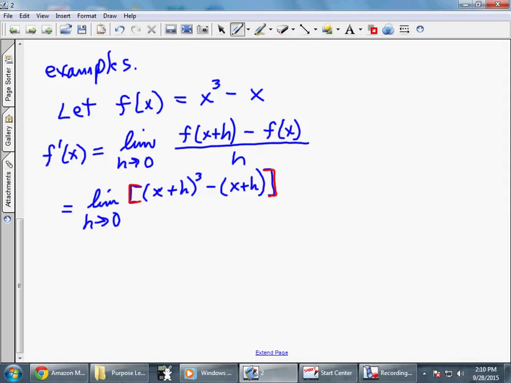Oh, yeah, because whatever is in that x term, that becomes x plus h. Okay? Yeah, you can't just tack it on.